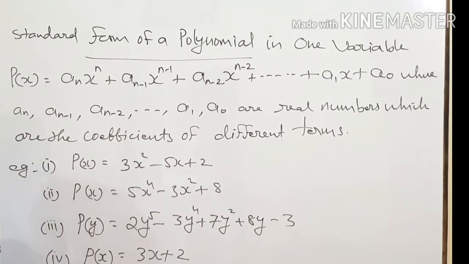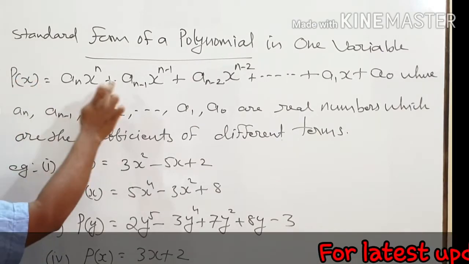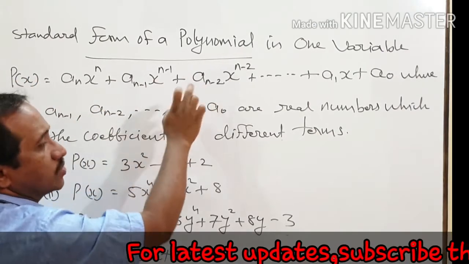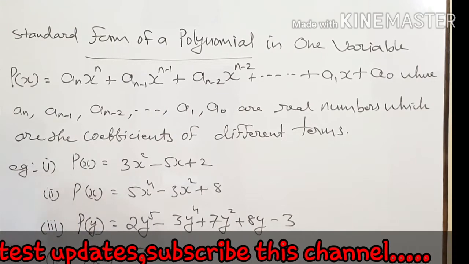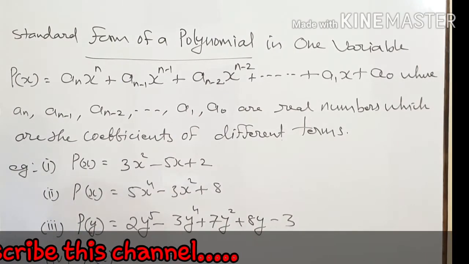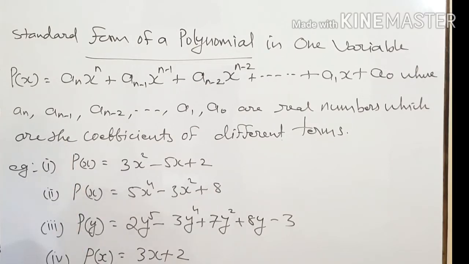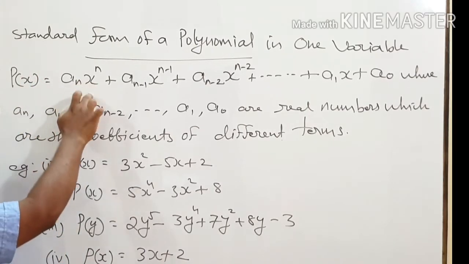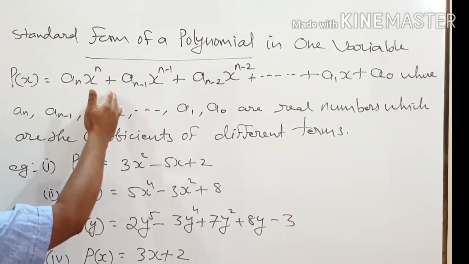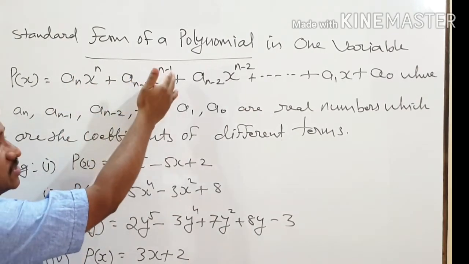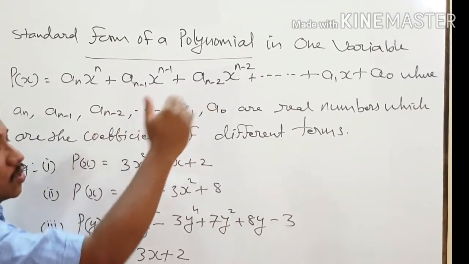If you use the variable y, then we will use p of y. And here a_(n minus 1), a_(n minus 2), and so on, are simple real numbers, may be rational or irrational, and they are the coefficients of various terms. The first term is a_n x raised to n, the second term is a_(n minus 1) x raised to n minus 1, and so on.